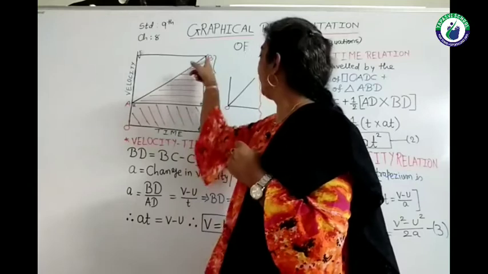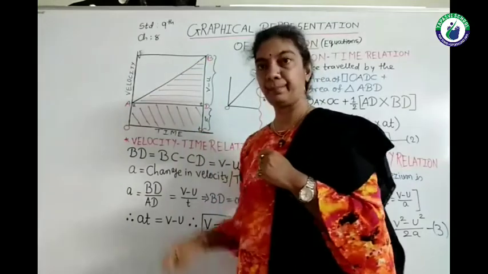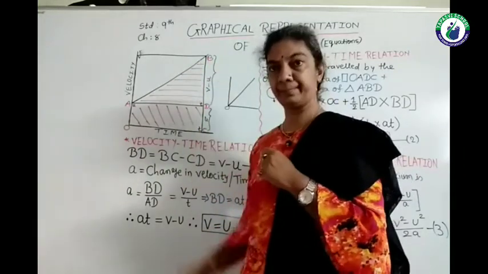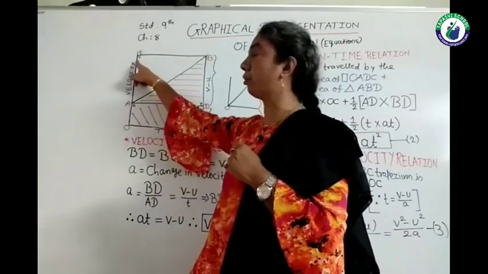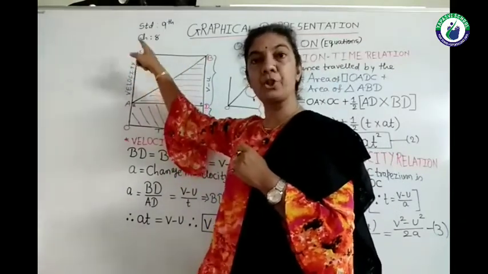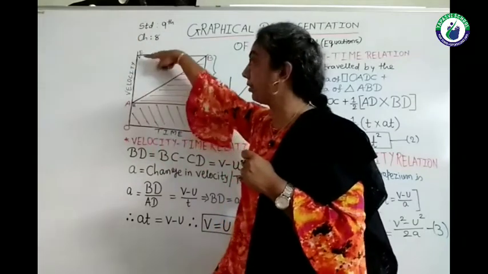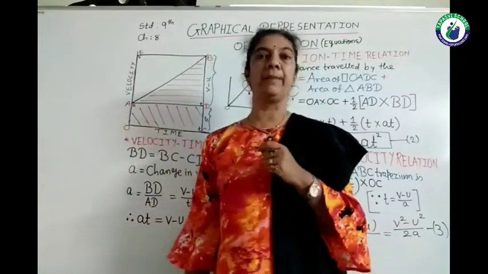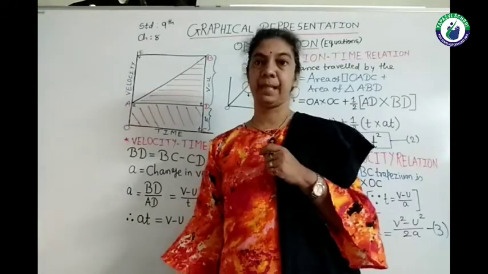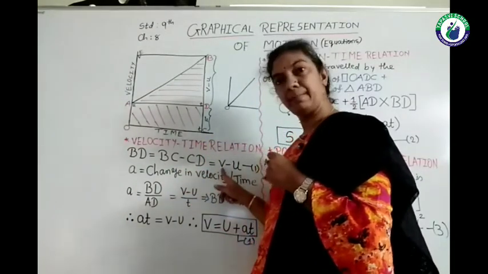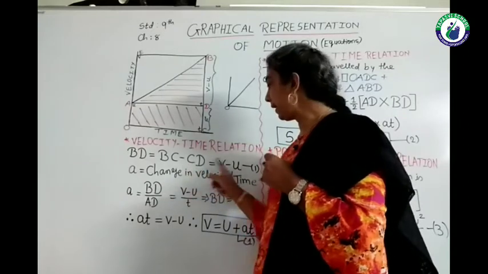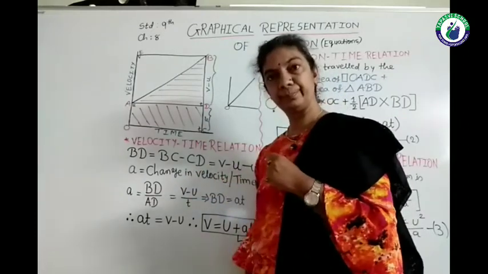Then we have BC, this full line. This will intersect on the y-axis over here, which shows this is the initial velocity, and this is the final velocity. So we can write BC as v, again CD as u.